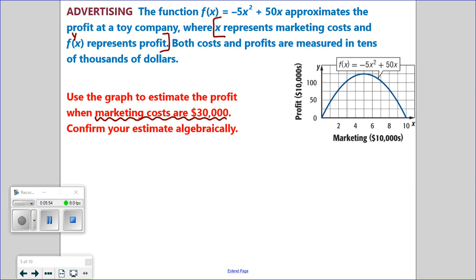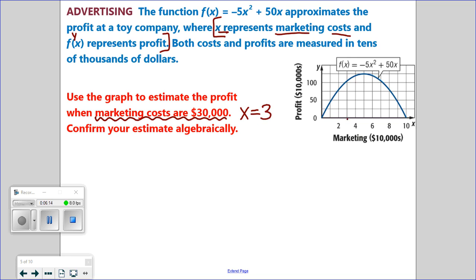Okay, so then I'm going to go back up to this that I highlighted. Marketing costs here are the x's. So they're saying when x equals, okay, now do your math here. If marketing costs are 30,000, if it's in tens of thousands, x is actually what? 3.